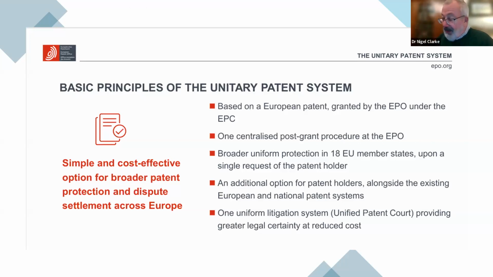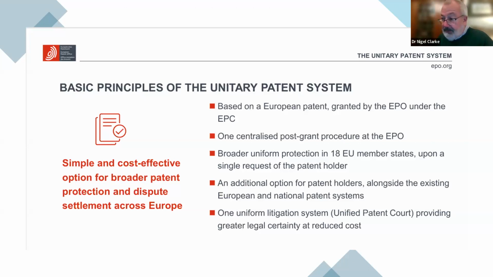So, for example, if you have a European patent which is valid in 10 countries, a revocation or opposition in one of those member states doesn't mean that it's effective in all the others. So it's kind of a backup system, if you like, but it's fragmented.